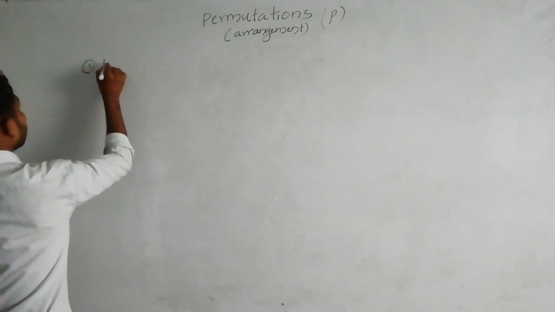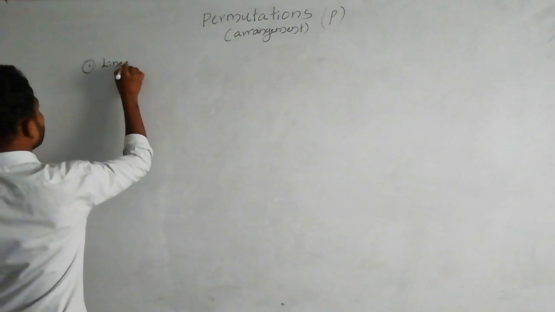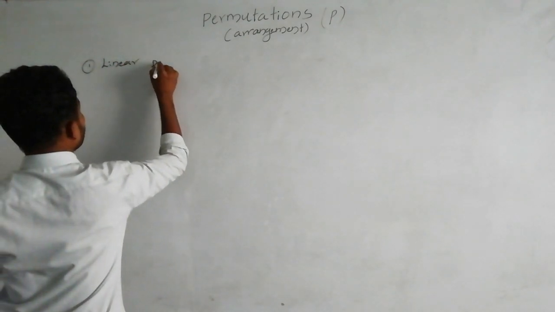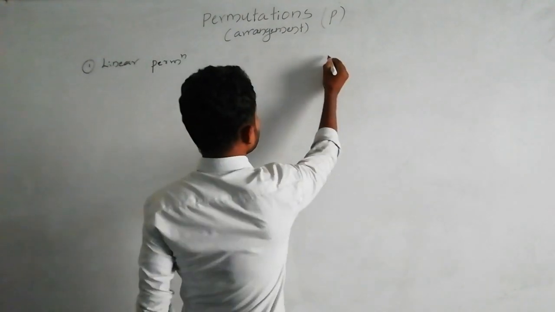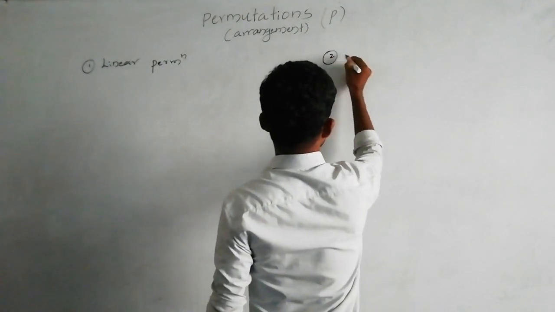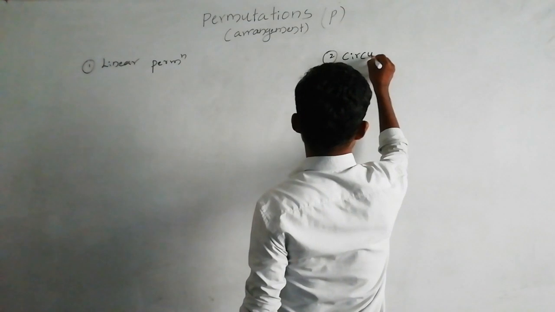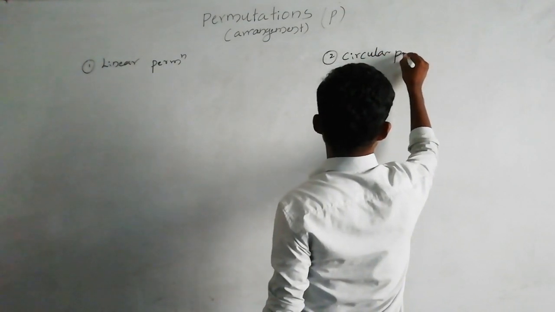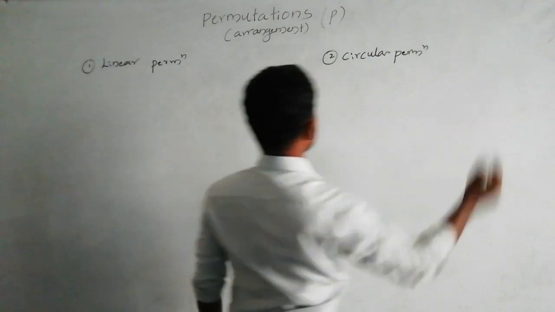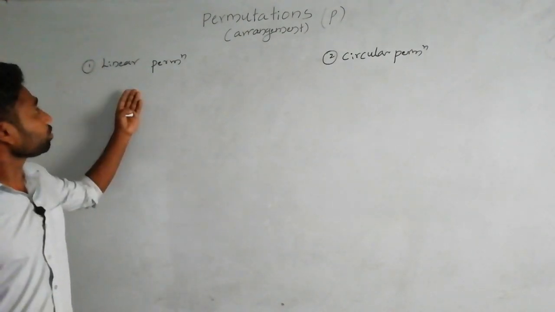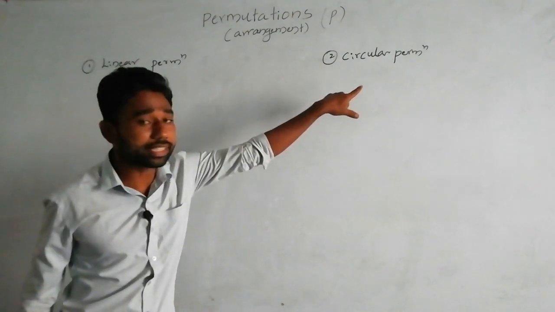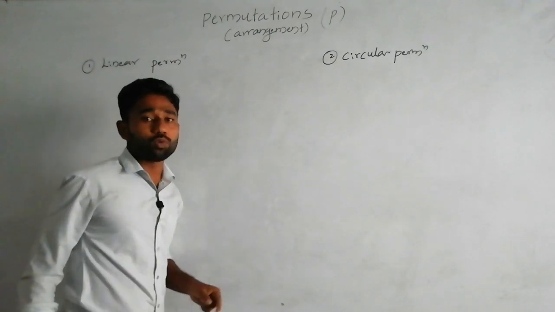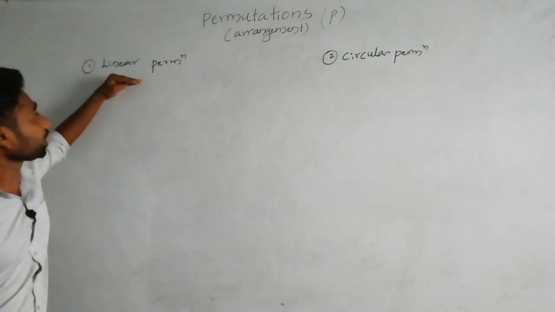One is linear permutation. Next, the second one is circular permutation. We have two types of permutations: one is linear permutation, the second one is circular permutation. What is a linear permutation?